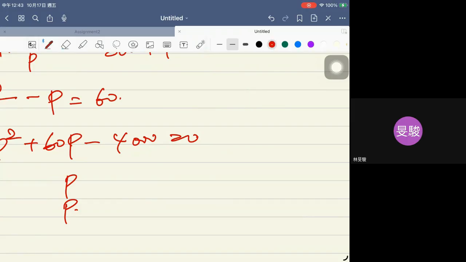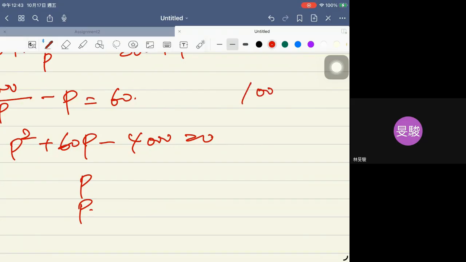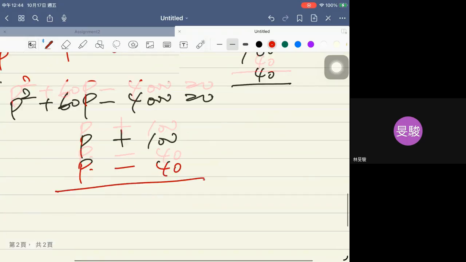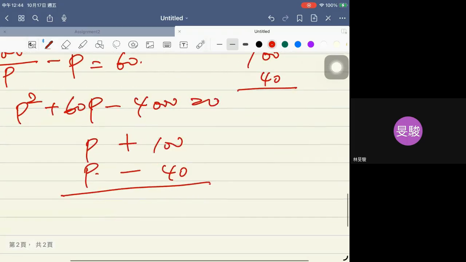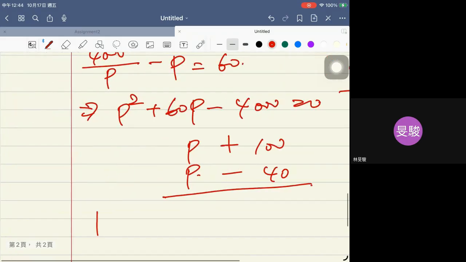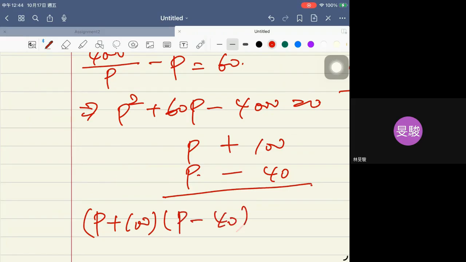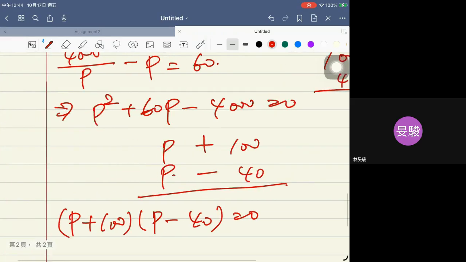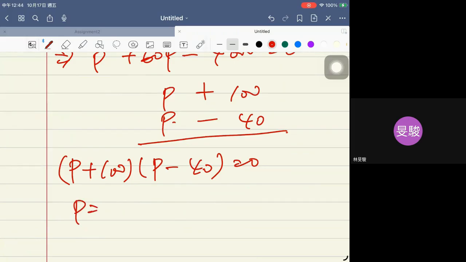So we can factor it: P plus 100 times P minus 40 equals 0, and we get P equals minus 100 or 40.